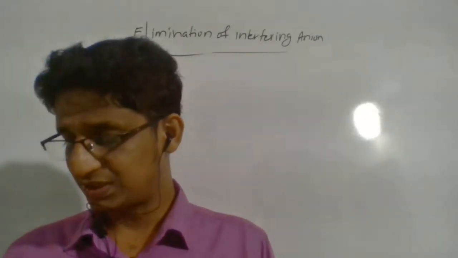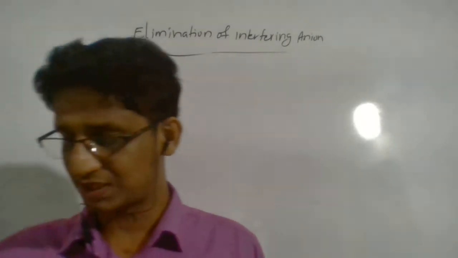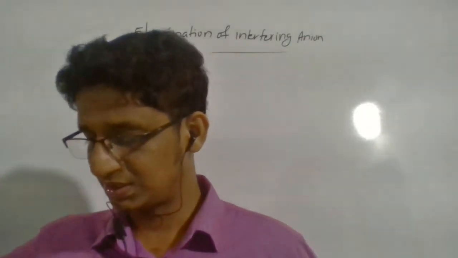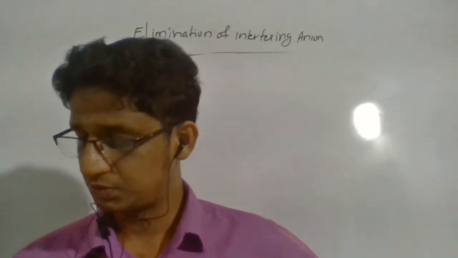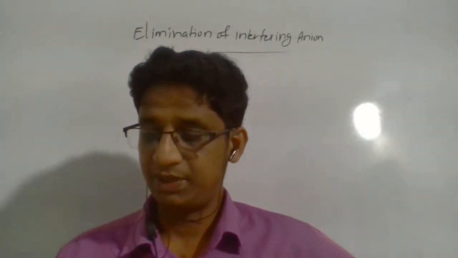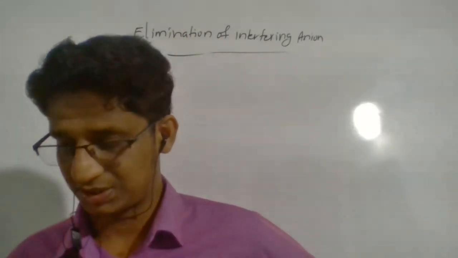So that's a method you can utilize for the elimination purpose as well. You pass hydrogen sulfide, arsenic sulfide will be formed, and by passing repeatedly you make sure all the arsenate is eliminated. The reaction I already wrote, because it is the same reaction.